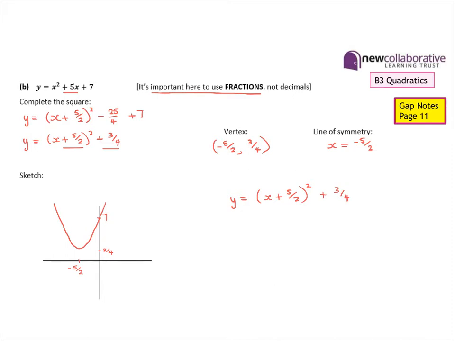Now, when we square something, we always generate a positive value. So this is always going to be greater than 0. And then if we add 3/4, that's obviously still going to be greater than 0. And so therefore y must be greater than 0 for all values of x. And we can see that from the graph as well.